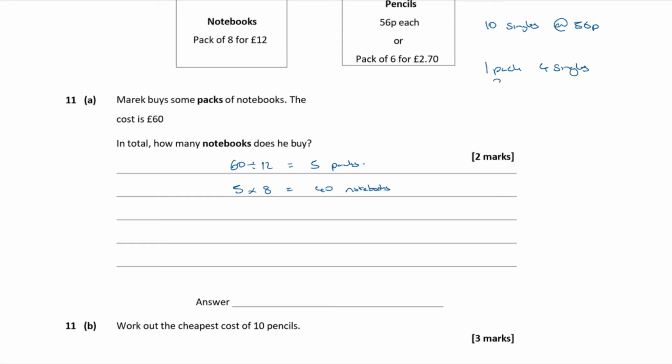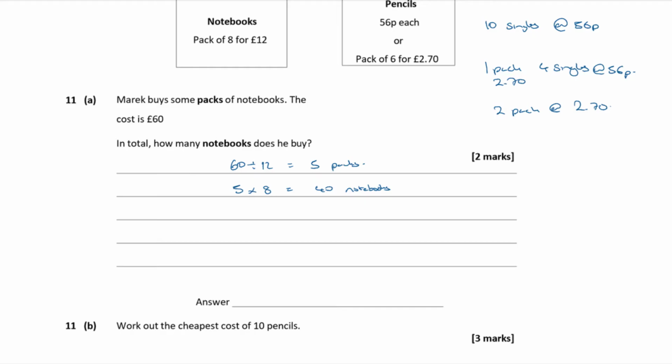So 1 pack would be £2.70 and the 4 singles would be at 56p again. Or you could buy 2 packs at £2.70, and that would give you 12 pencils. It's more than what you need, but maybe it works out cheaper. They would be the 3 things that I would try.